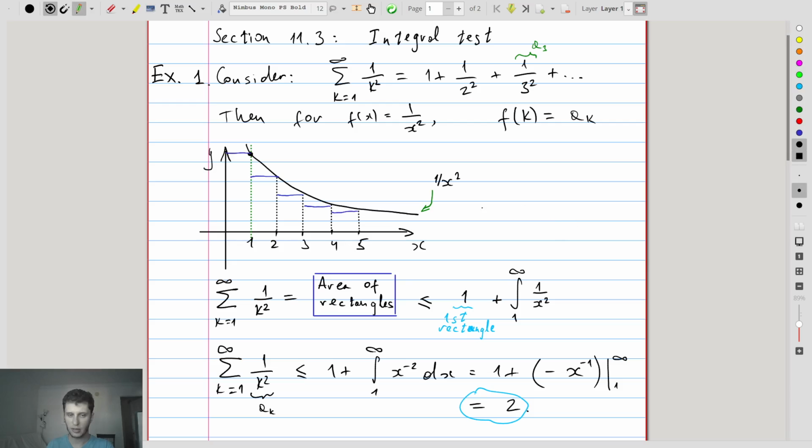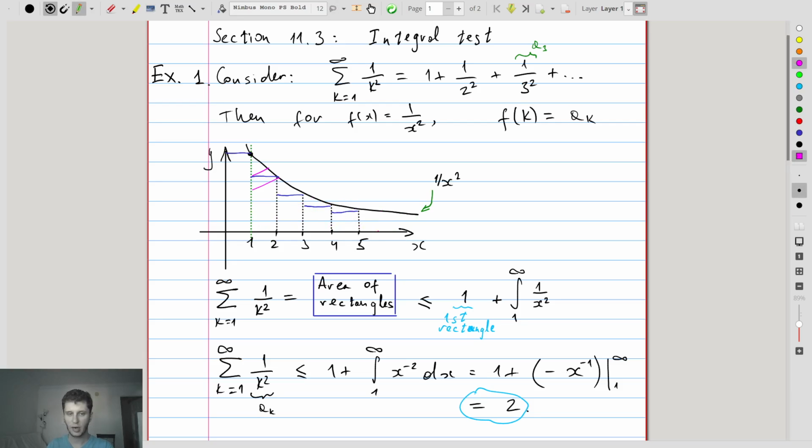The improper integral from 1 to infinity of 1 over x squared is the area under the graph that lies between the vertical line x equals 1, above the x-axis and under the graph of 1 over x squared. So this area shaded in pink is the improper integral.